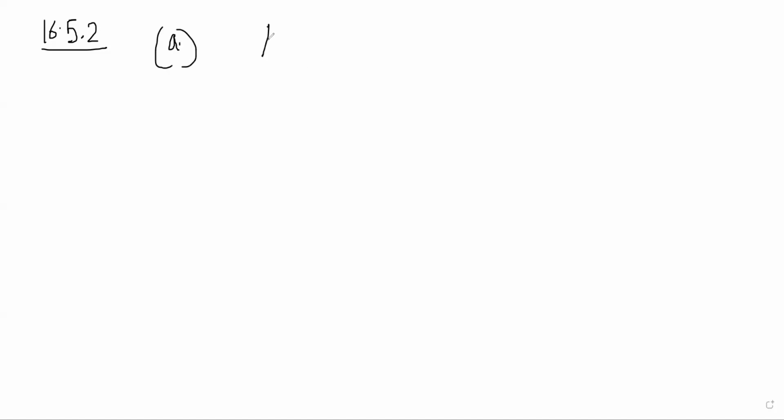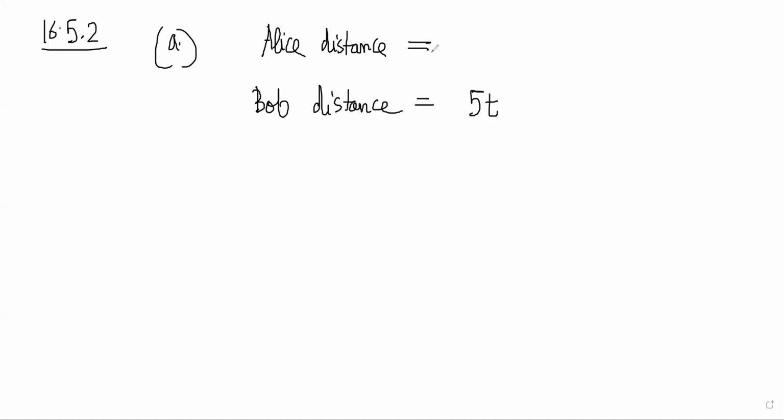So what I got is that Bob is 5T because he runs 5 meters per second and T is the amount of seconds since he started.